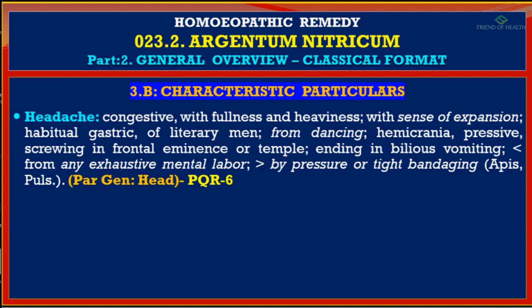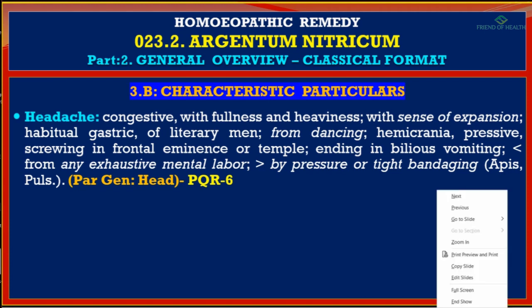We have similar remedies to compare: Apis and Pulsatilla. Here, hemicrania is migraine, classical migraine where we have bilious vomiting, and generally vomiting provides relief. Literary men means sedentary people who lack physical exertion, physical activity, and then their GIT movement becomes sluggish, and GIT disturbances can cause headache also and fullness.